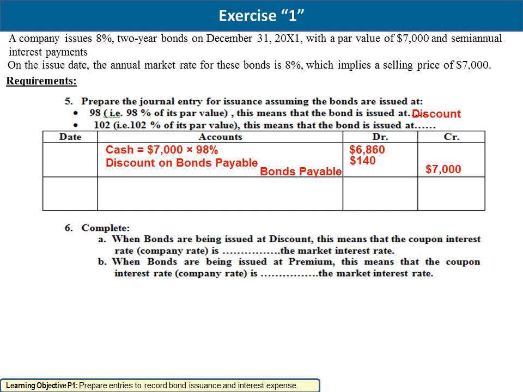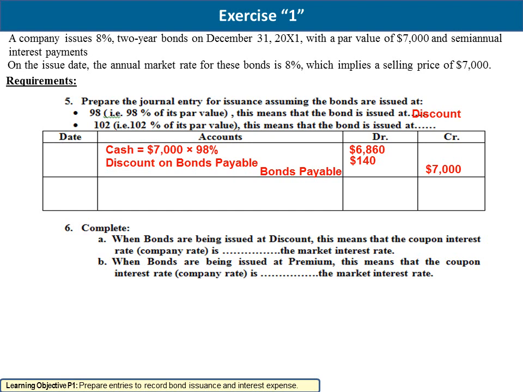In the second case, we are going to assume that the bonds are sold at $102 per bond, or 102% of its par value. So this time, the company will sell the bonds at a value above its par value. The selling price will be above the par value. Why will the company do that? Because, for sure, this means that the company will offer an interest rate on the bond higher than the interest rate that is in the market.